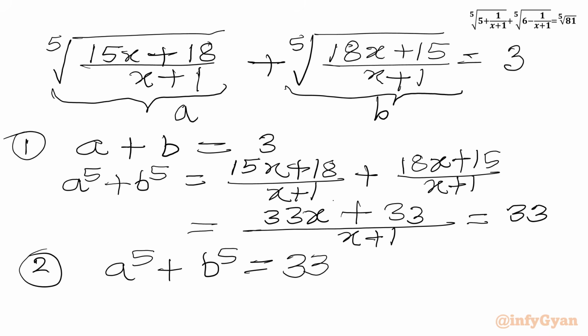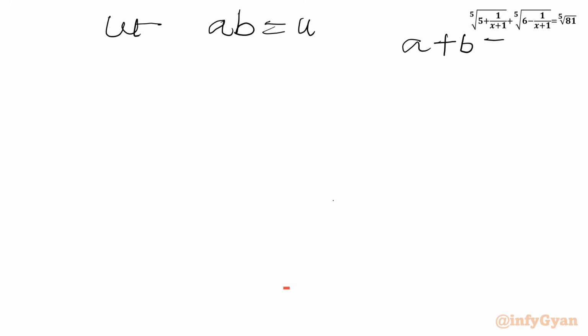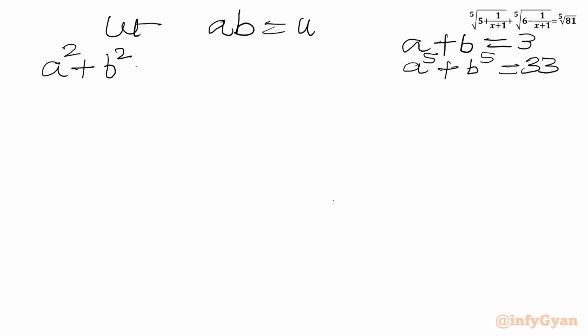Now we have to solve this system of equations. So I will assume ab equal to u. We have a plus b, it is 3. We have a power 5 plus b power 5, which is 33. Now I will use algebraic formula. a square plus b square equal to a plus b whole square minus 2 times ab.